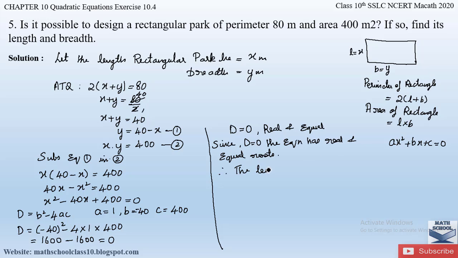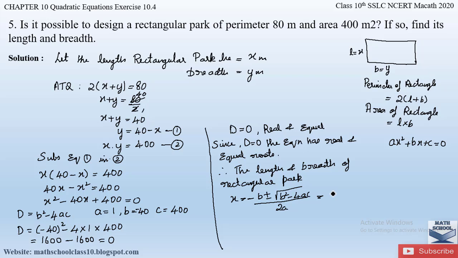Therefore, the length and breadth of the rectangular park can be obtained by using the quadratic formula, x is equal to minus b plus or minus square root of b square minus 4ac, divided by 2a. Now let us substitute the a, b and c values so that we can find the x value.